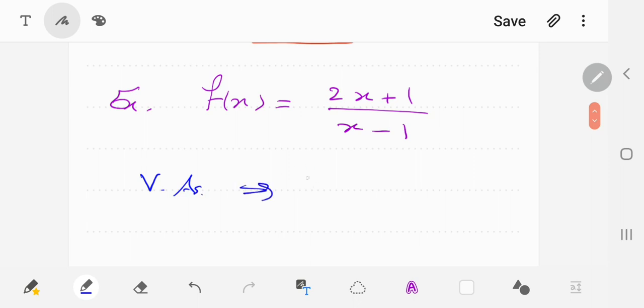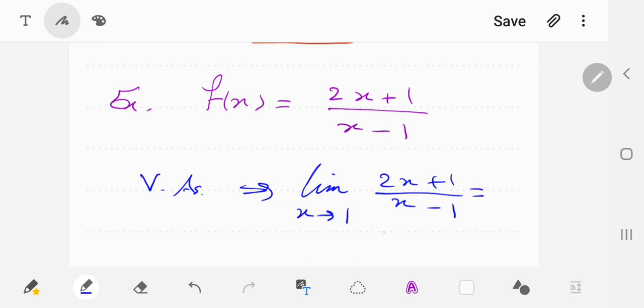The vertical asymptote is the answer of the limit of 2x plus 1 over x minus 1. And what did I say the possible values of a vertical asymptote are? The possible values are the zeros of the denominator. And the zero here is 1, so I'm going to make it limit as x approaches 1, and the answer will be 3 over 0, so that's infinity.